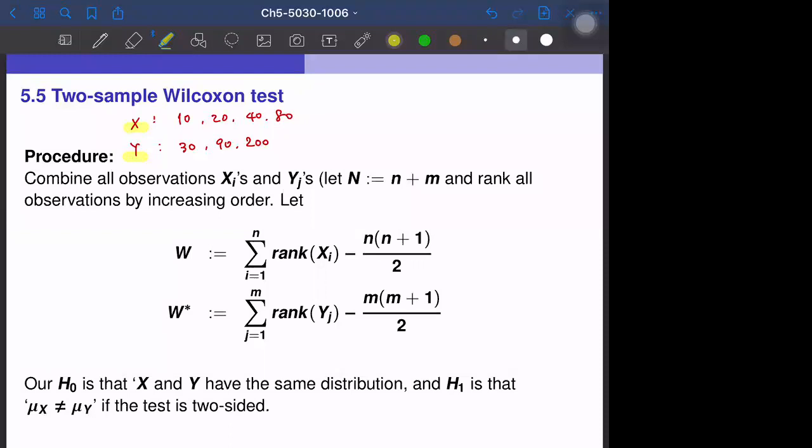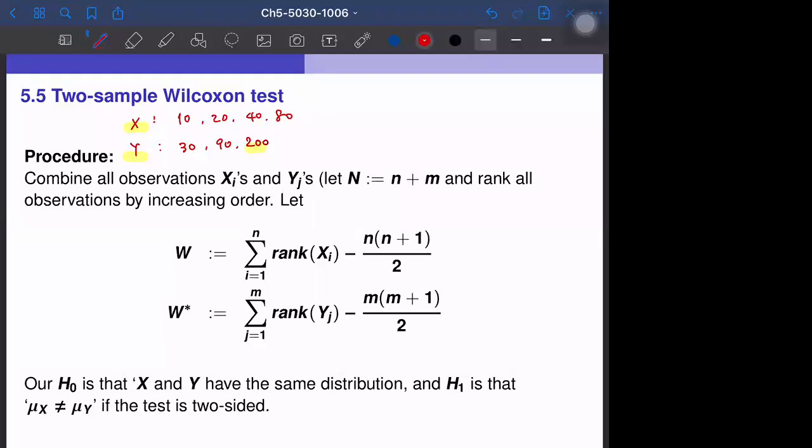If you take the averages and do a two-sample t-test, probably y is larger than x, maybe significantly, because 200 is a very large number. But we have so many small observations, 10, 20, 30, 40, and only one very large observation, 200. So the idea is we use ranks so that the distribution does not matter.